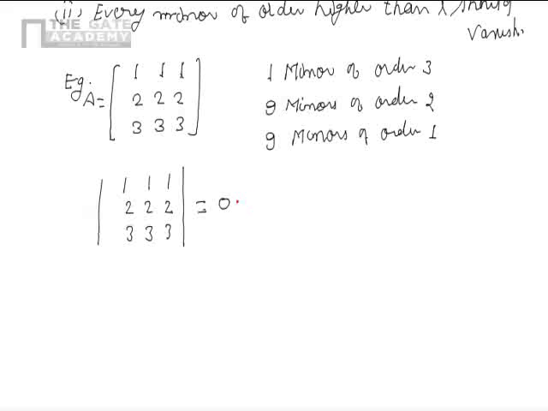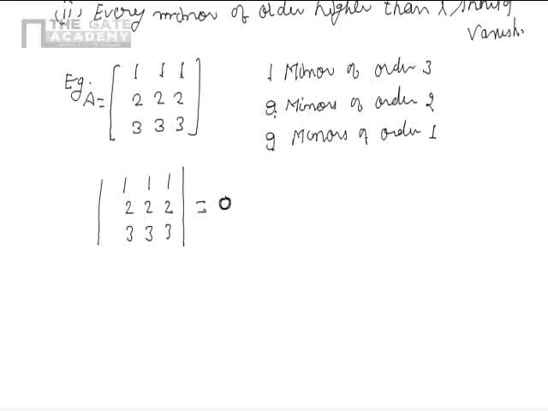When this becomes 0, I need to check the order 2 minors, and as we have seen, there will be a total of 9 minors of order 2. If one of them is non-zero, then I'll call the rank of the matrix 2, and if all the minors of order 2 are 0, I need to proceed to order 1. Let us understand it in a better way.